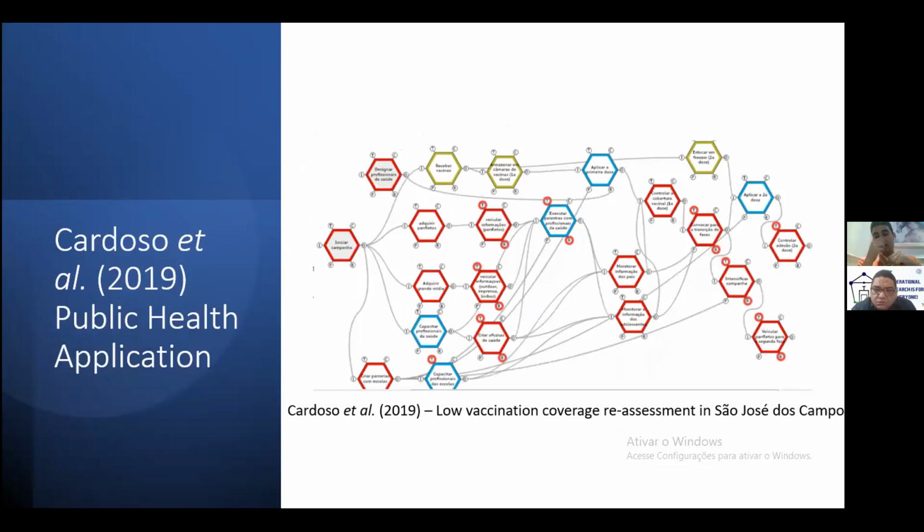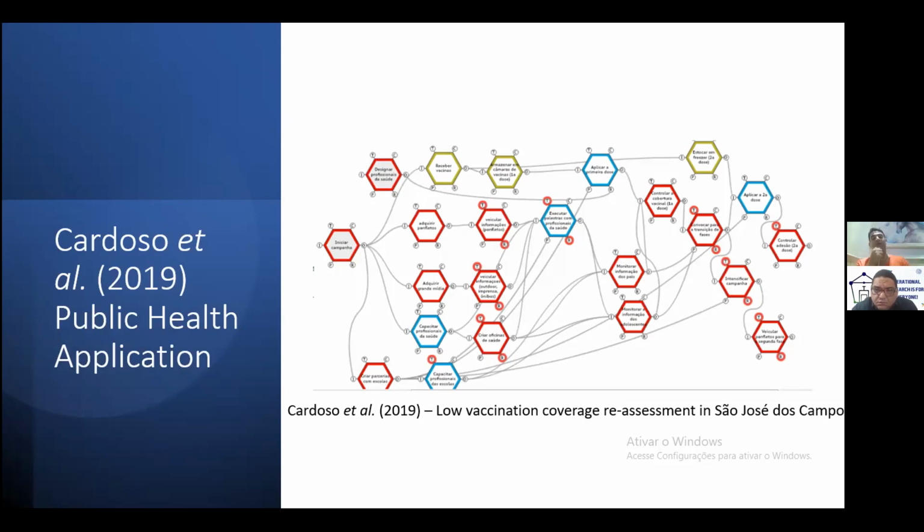Here is one interesting application from Cardoso et al., from the Brazilian Aeronautics Institute of Technology. They used Fram to investigate why there was low vaccination coverage in São José dos Campos.